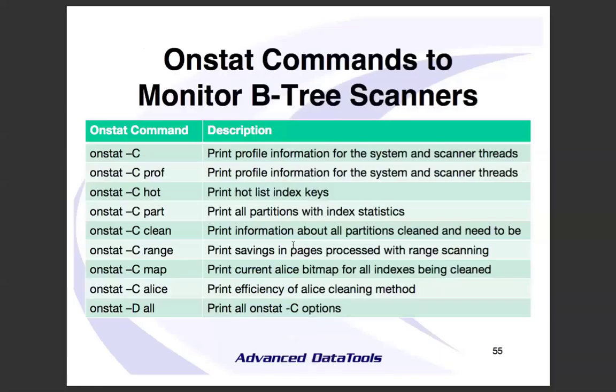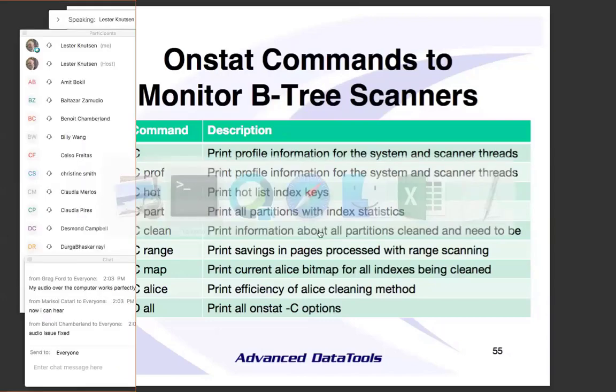Now, to monitor this, there's an onstat command called onstat -C, which shows you information about the B-tree scanners. The only ones I really look at are onstat -C by itself and onstat -C hot. This tells you how many index keys need to be cleaned.